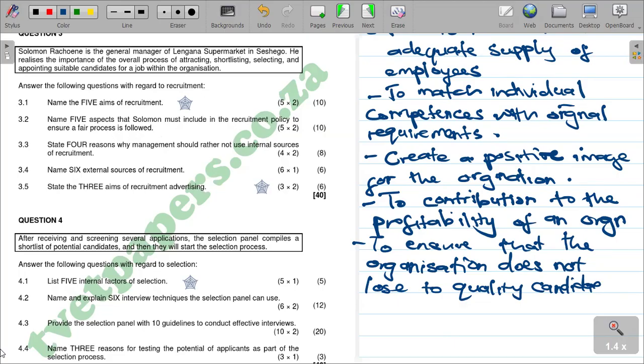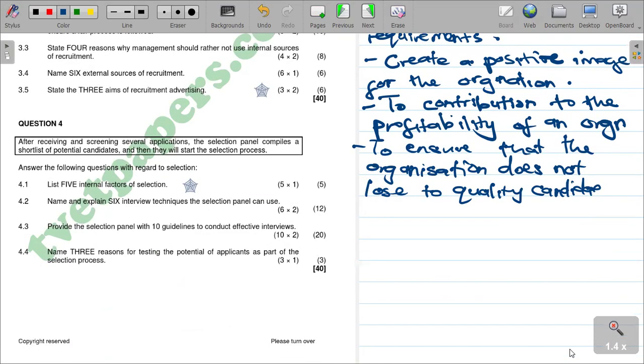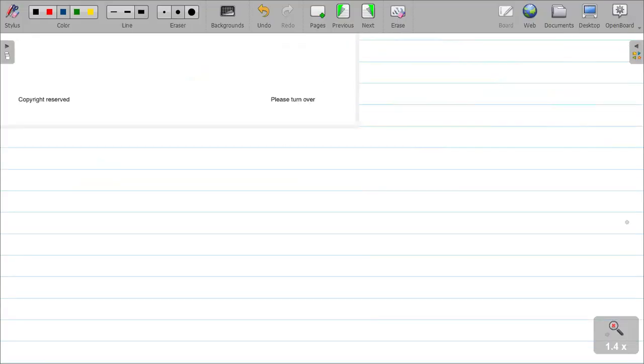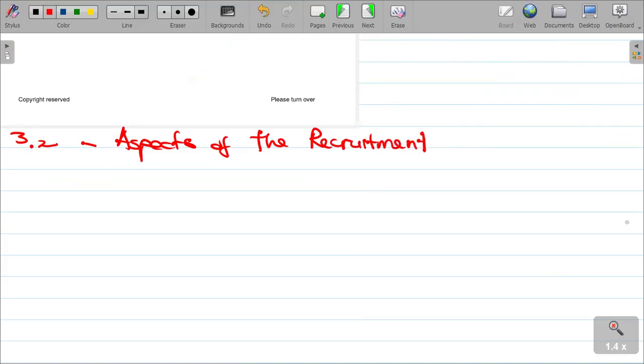So we are talking about aspects of the recruitment process, or we can say policy, right?